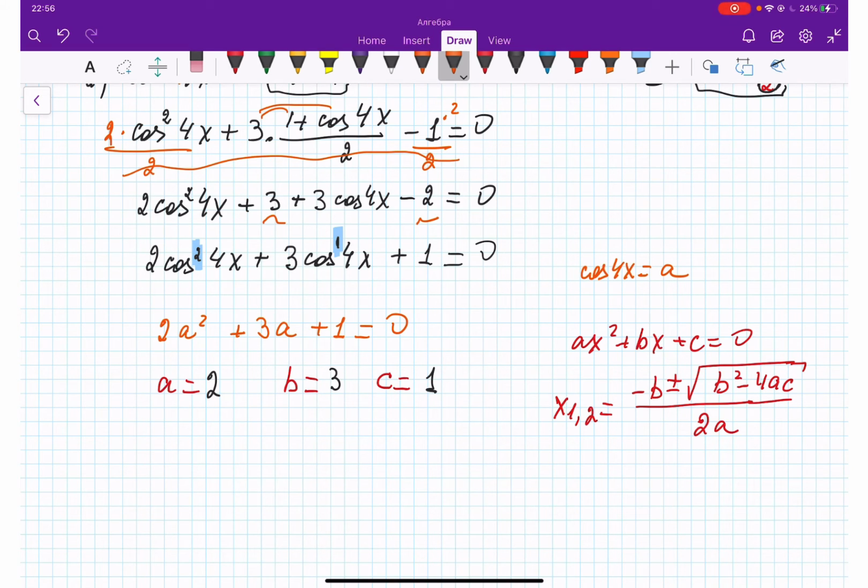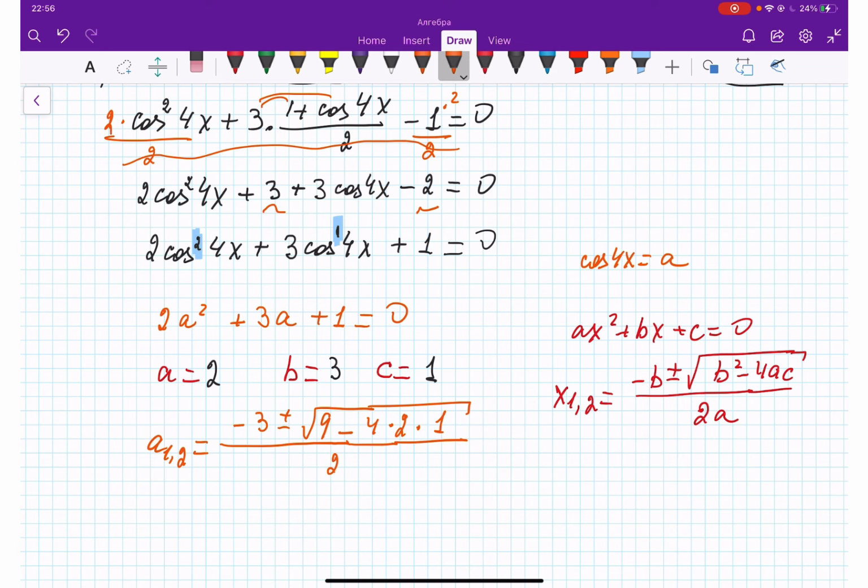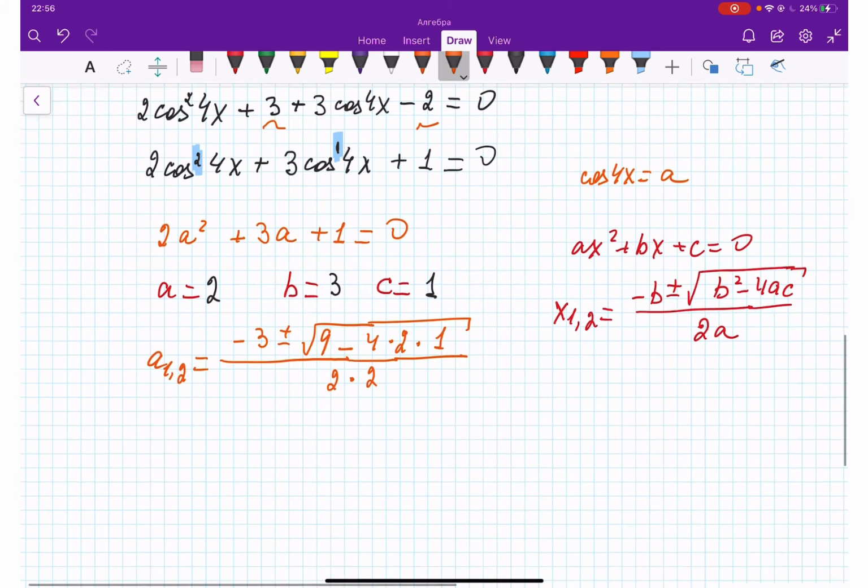From here we have a1,2 is equal to, I need negative b, which is going to be negative 3, plus or minus the square root of the square of b, it's going to be 9, right? Minus 4 times a times c, and divided by 2 times a, which is also 2.